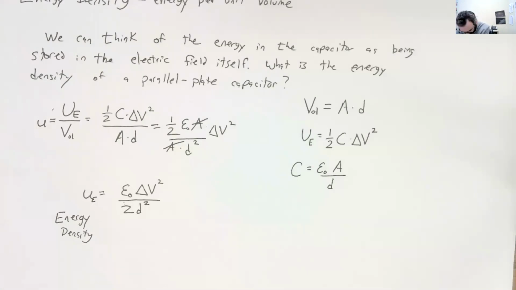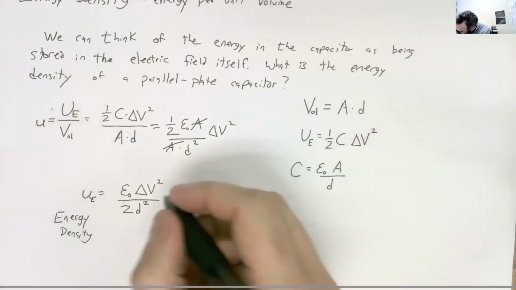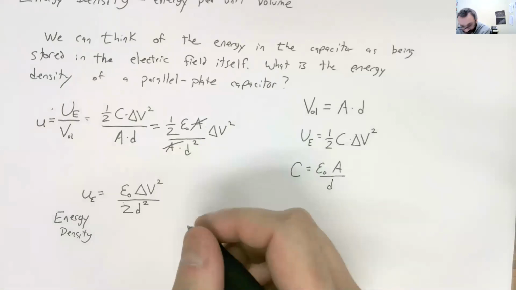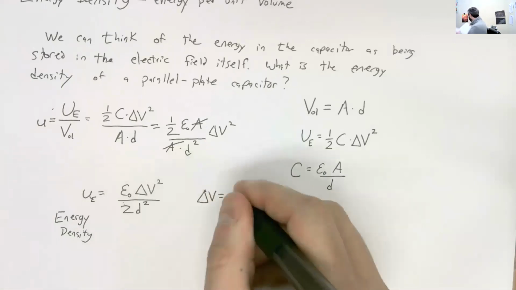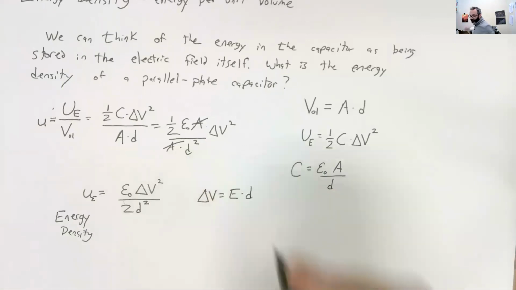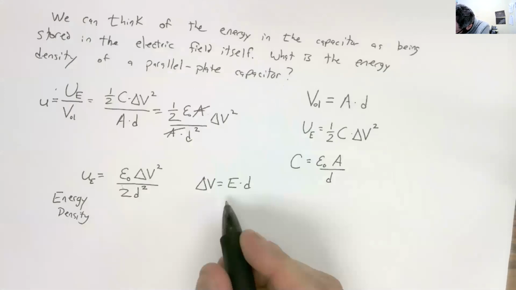I'm going to use the expression that we know in between parallel plates anyway. We know that the potential is just the electric field times the distance between the two plates. So I just plug in E times D for my potential.